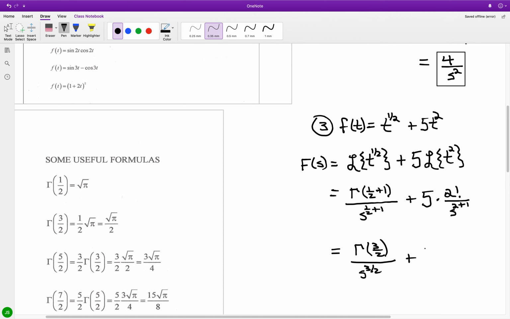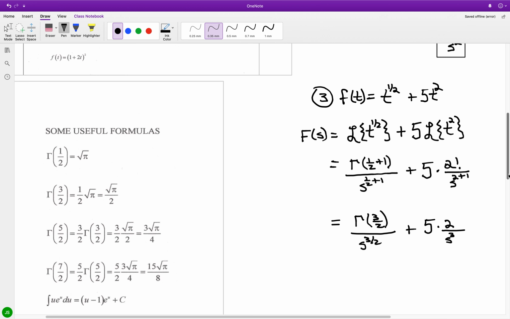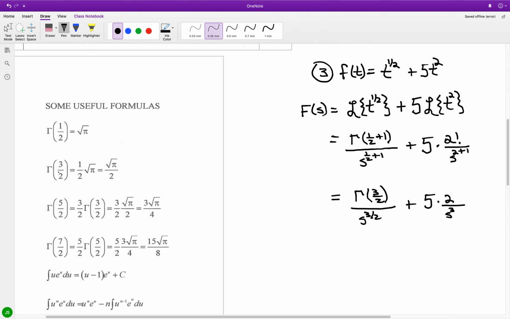All right. And for what we have situated, so 2 factorial is going to be 2, s to the 2 plus 1. Okay, so that's going to be s to the third. Now, for gamma of 3/2, that is going to be the square root of pi over 2.